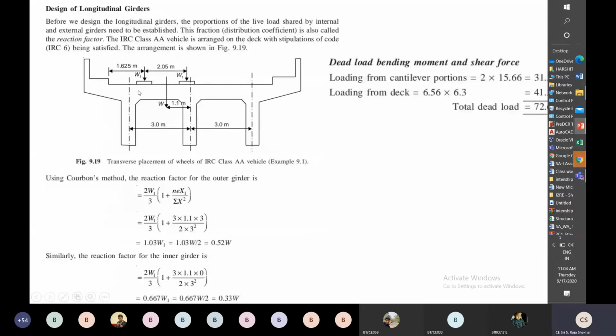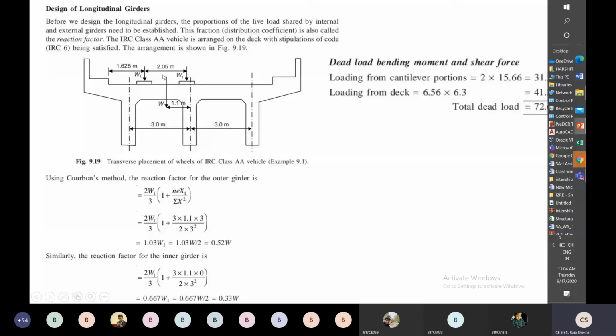Actually we are placing the vehicle here like this. Here, I will explain how the 1.1 value came. So this is the footpath, this is the carriageway width. For a 2-lane road bridge, the total carriageway width is 7.5 meters.